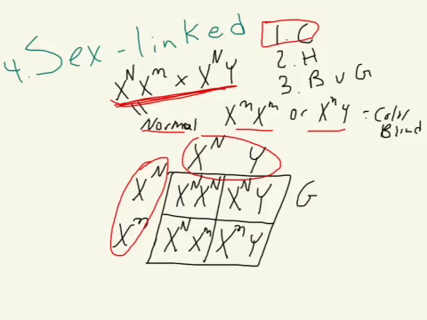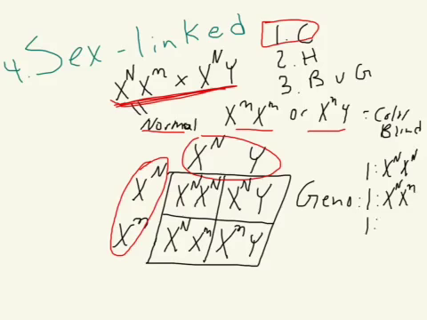So in this example, our genotypes, we have 4 of them. We have one female that is homozygous dominant for normal vision. We have one female that's like mom and has the dominant allele, as well as the recessive allele.